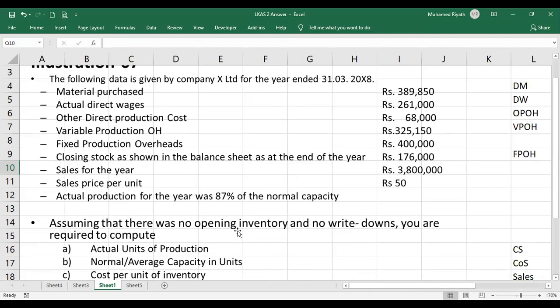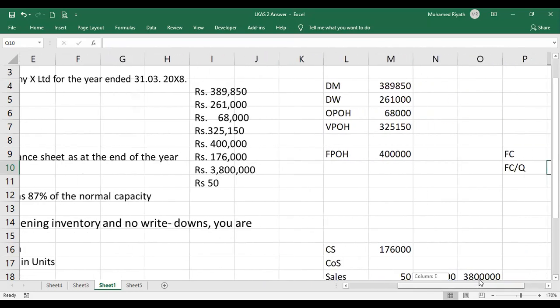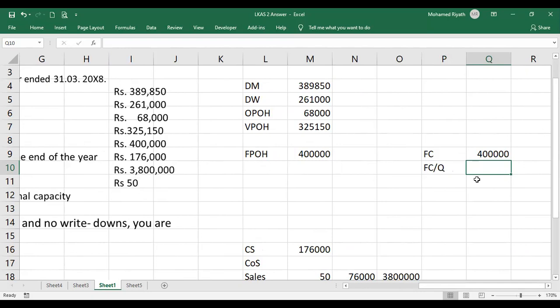Normal capacity, because the actual production is low, below the normal production capacity.